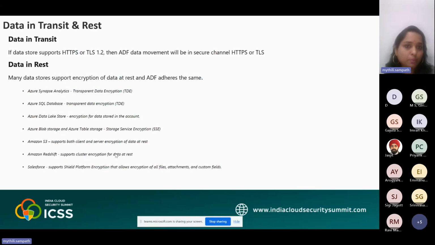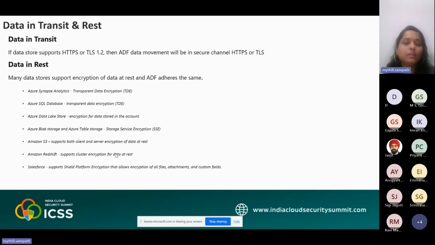Everything supports TLS 1.2. For example, if your data source does not support 1.2, ADF also has an alternate method of downgrading it, mapping with that TLS version. But 99% TLS 1.2, that's a security check. Every organization has it, it's the TLS 1.2 protocol.